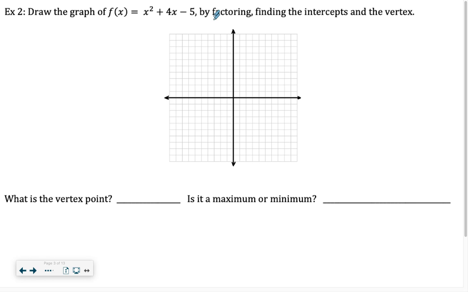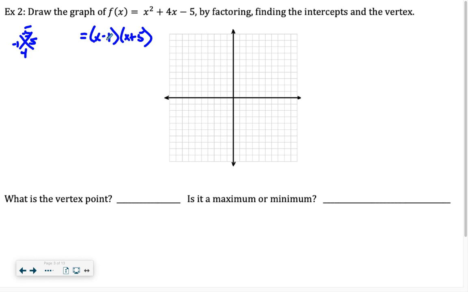Okay, let's say that we have a parabola in standard form. So another method we could use would be to factor and find the intercepts. So if I factor this, I'm looking for two numbers that multiply to -5 that add to +4. So I think -1 and +5 would fit that. So this would factor into (x minus 1)(x plus 5).